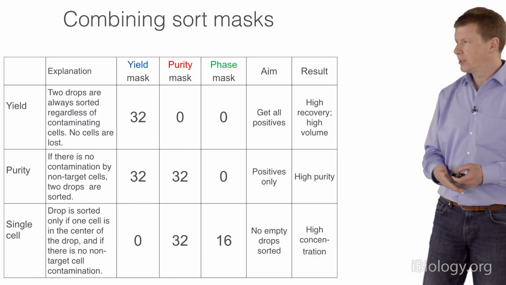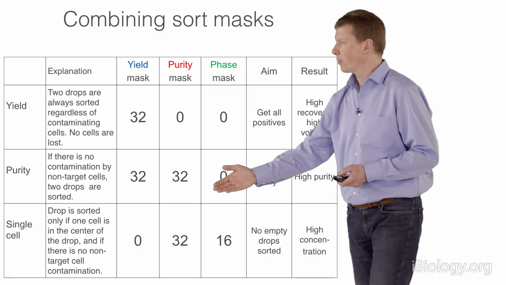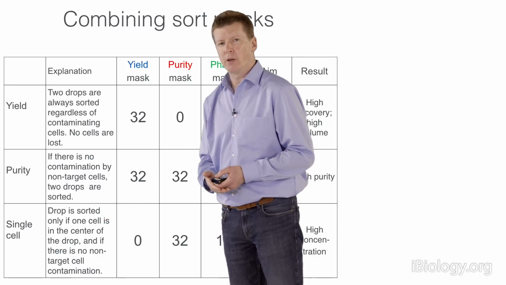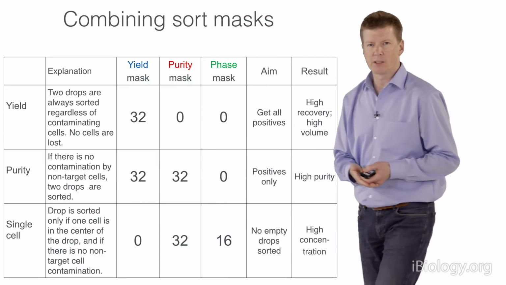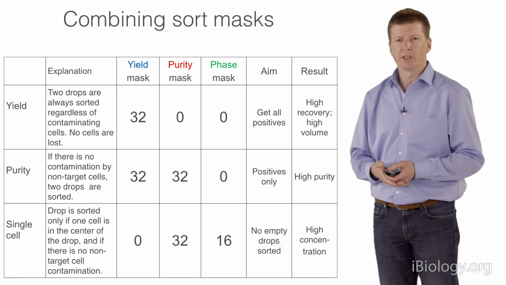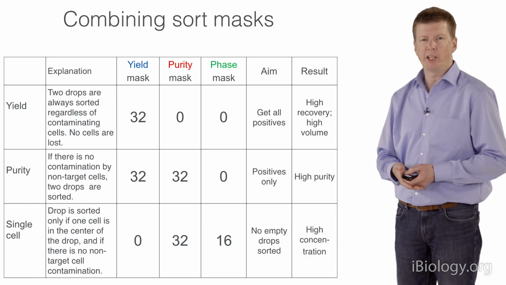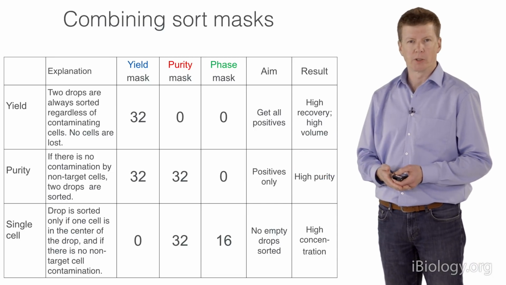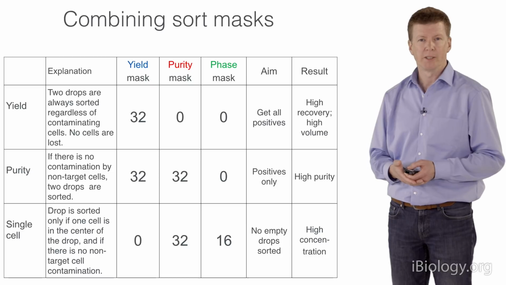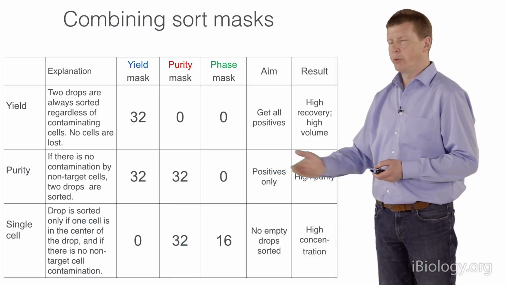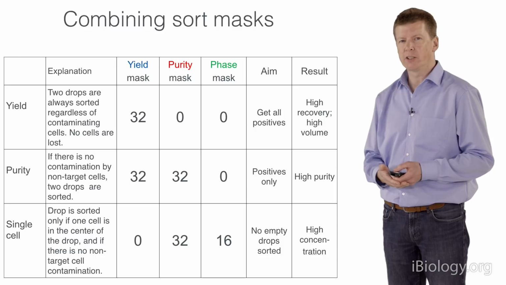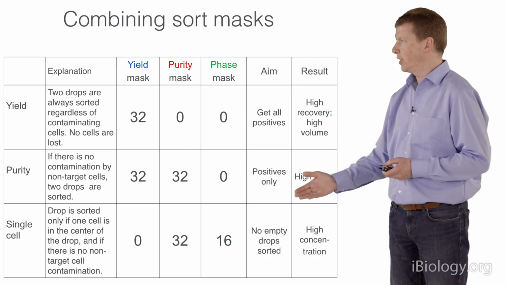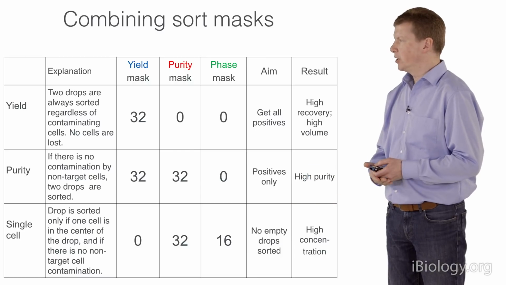The last option is the single cell option, and this is chosen very special when we, for example, think about cloning our cells, where we really want to have single cells in our 96-well plate, for example. There we set the yield mask to 0 because we want to sort only 1 drop. We want to sort with a very high purity, and to make sure that the drop is not getting empty, we're also setting a phase mask to 16.